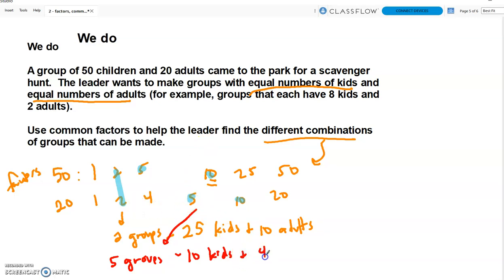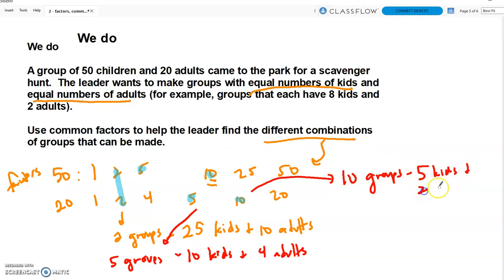So it's going to have 4 adults in each group. That's another possibility. I use the factors to do that. Last possibility is I can make 10 groups. And if I made 10 groups, they would each have 5 kids and 2 adults. So those are my possibilities, right?